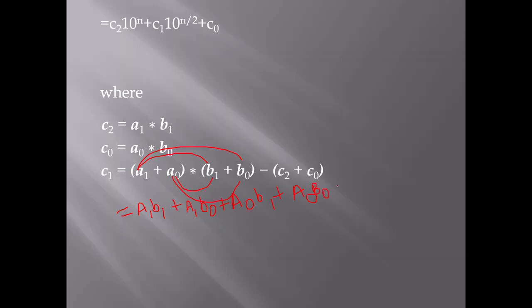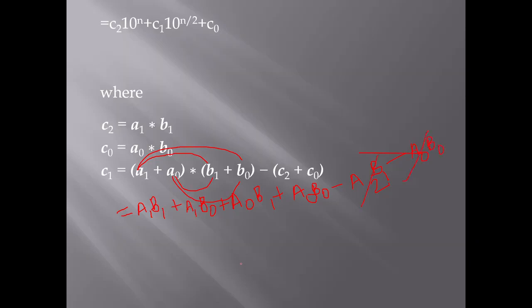Now we know the C2 term and the C0 term. Apply it: C2 is equal to A1 into B1, minus C0 is equal to A0 into B0.